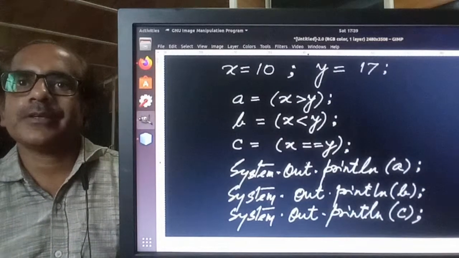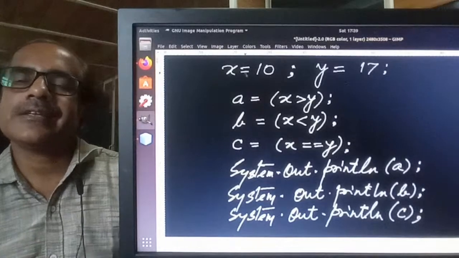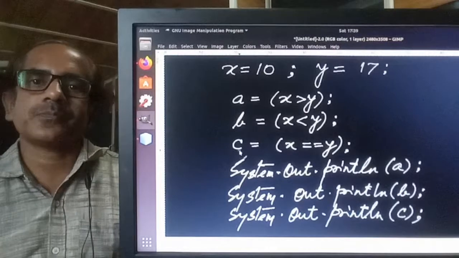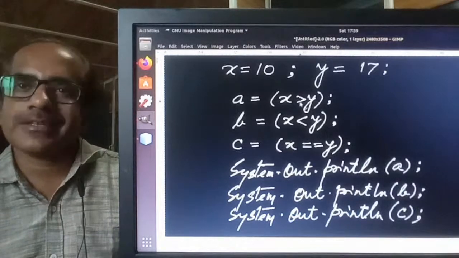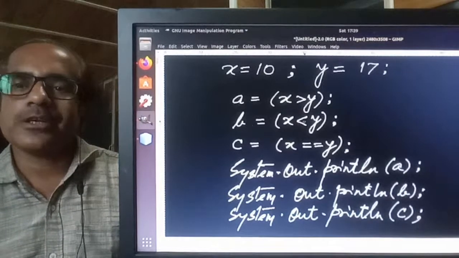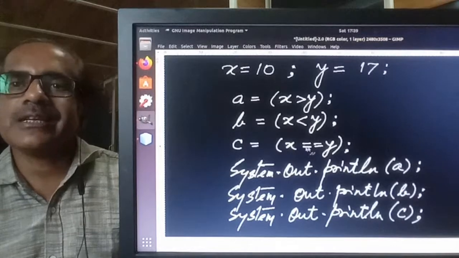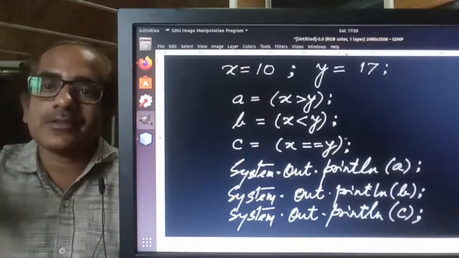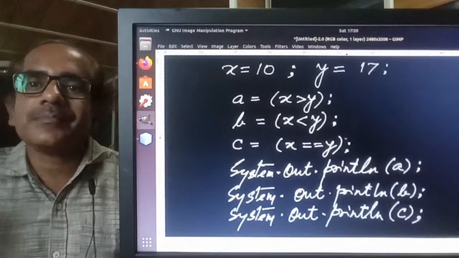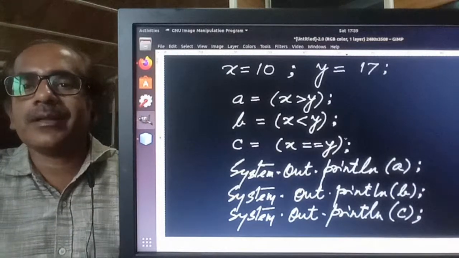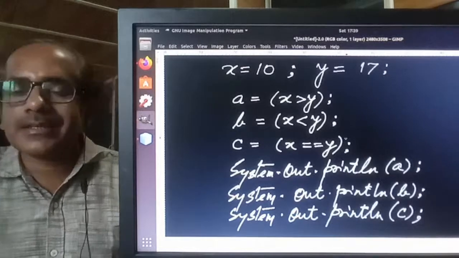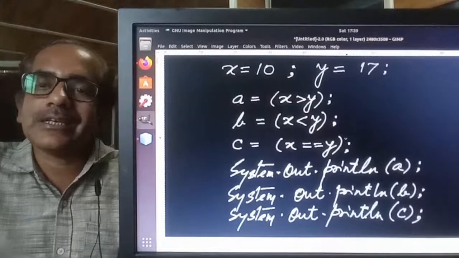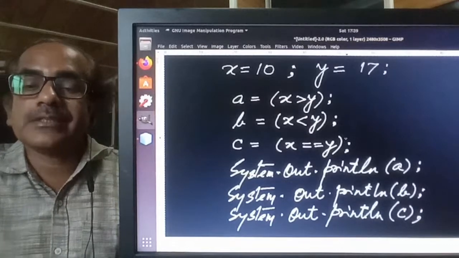If you are seeing it like this, x equal to 10, y equal to 17, and you are writing three expressions: a equal to x greater than y, b equal to x less than y, c equal to x equals y. Last day also I told you that this concept is not available in mathematics. We simply say true and false, but true and false is not any data item that you consider in mathematics.